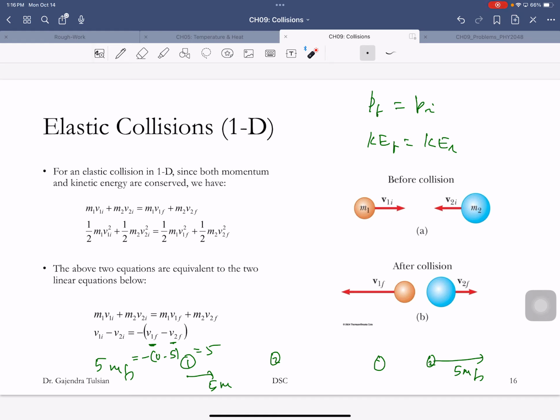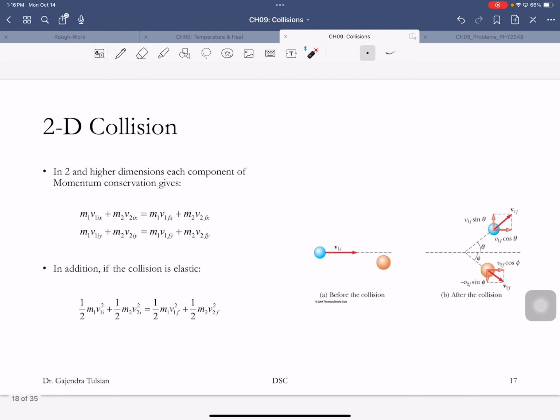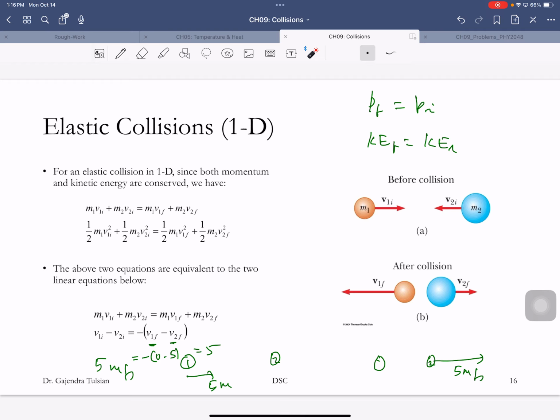So if you're sitting on ball 2, before the collision ball 1 is coming at you, and after the collision ball 2 is going away from you, at the same speed. So that's what this statement is. Again, this holds only for an elastic collision in 1D.